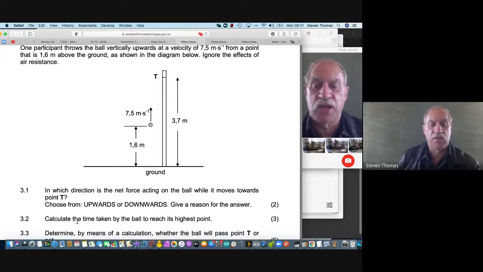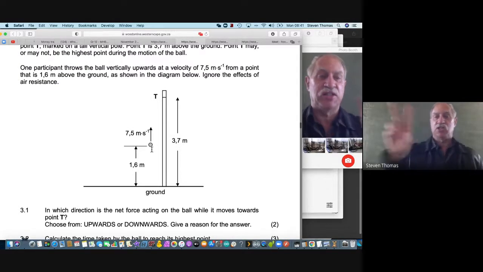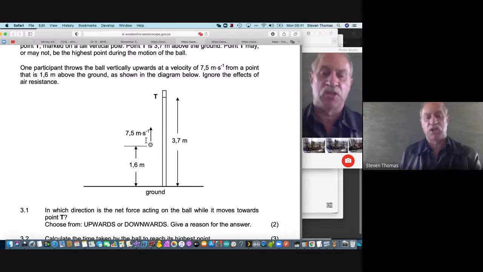Calculate the time taken by the ball to reach its maximum height. Okay, look, you've got an initial velocity. Now, I said this is a vector problem. Up is positive, so its starting velocity is positive 7.5. Gravity is minus 9.8. And at the top, its V final is 0 meters per second. So you've got V initial positive, V final 0.